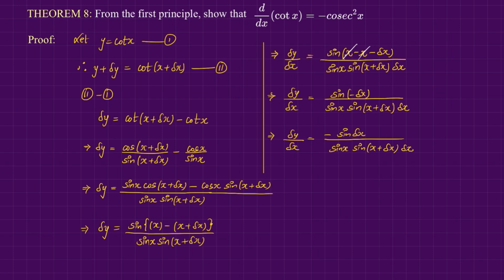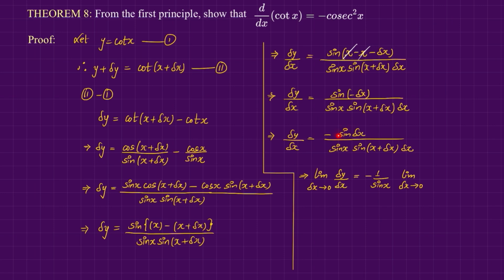Now let us put the limit on both sides. Limit delta x tends to 0, delta y by delta x equals, see here, this minus and sine x I will take out from the limit, so it will be minus 1 by sine x, limit delta x tends to 0.